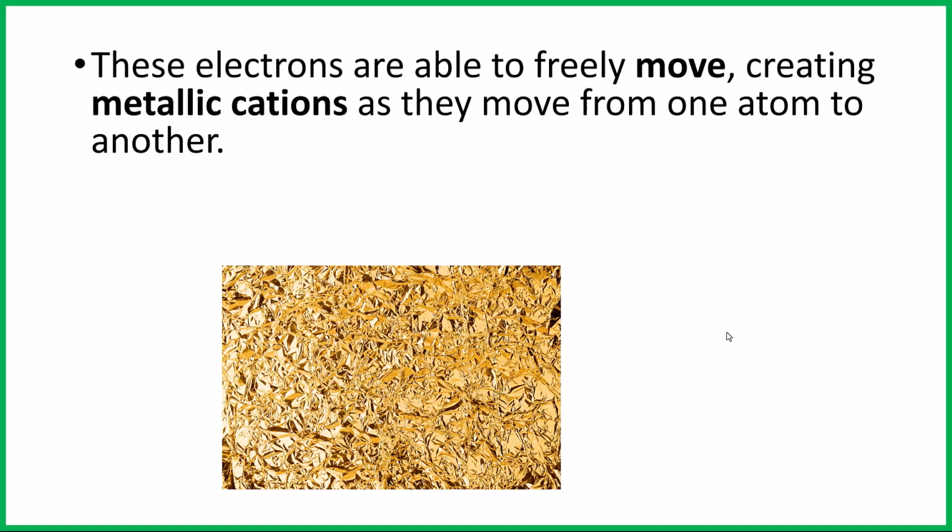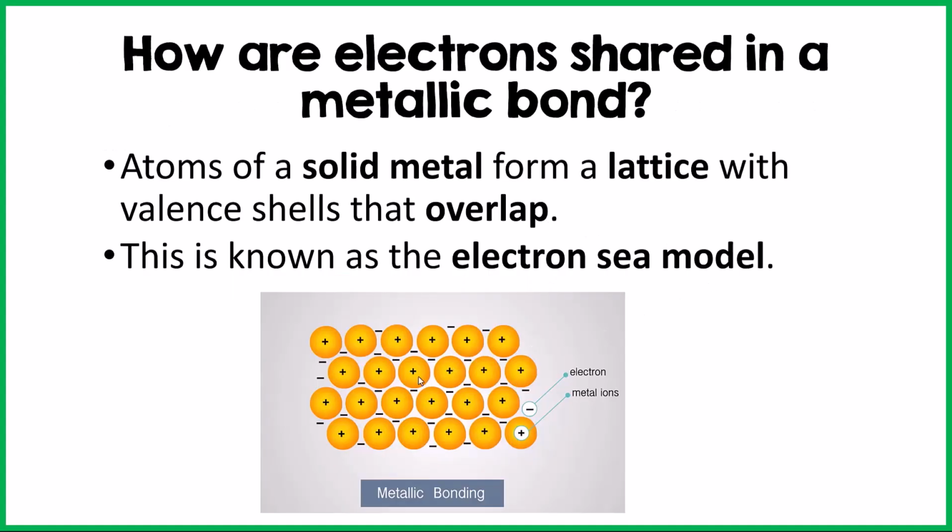So they're attracted from one atom to another because the atoms are so close together. And when they leave one of the atoms, that atom becomes a cation, and the electron moves on to something else nearby. And so then those cations are the positively charged particles that are left behind with that sea of electrons surrounding them.